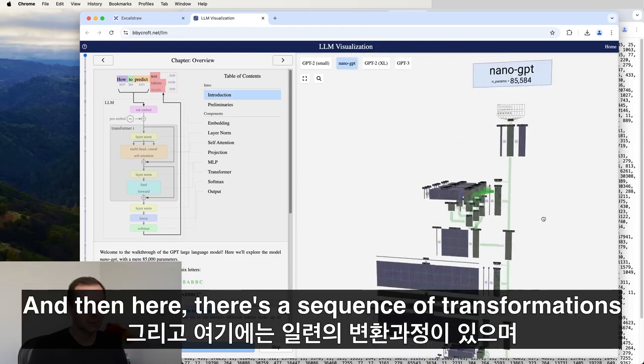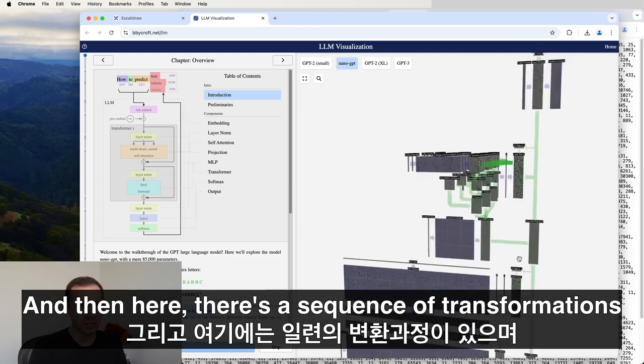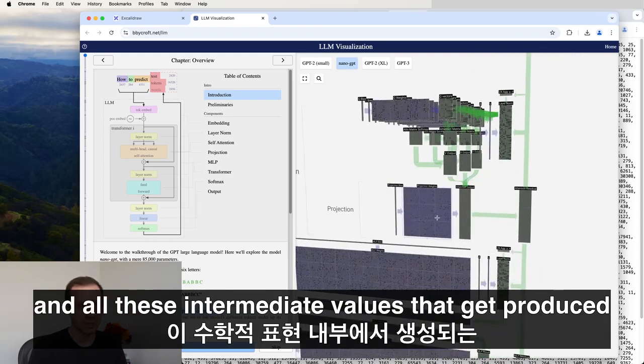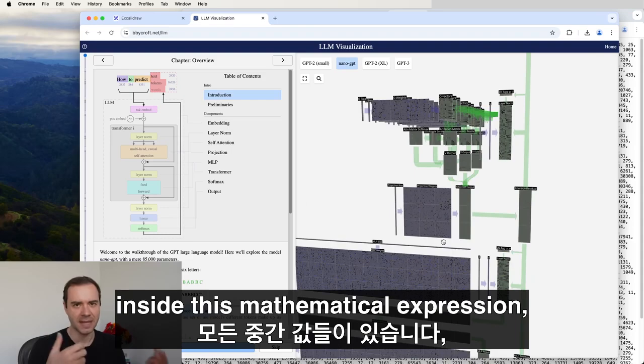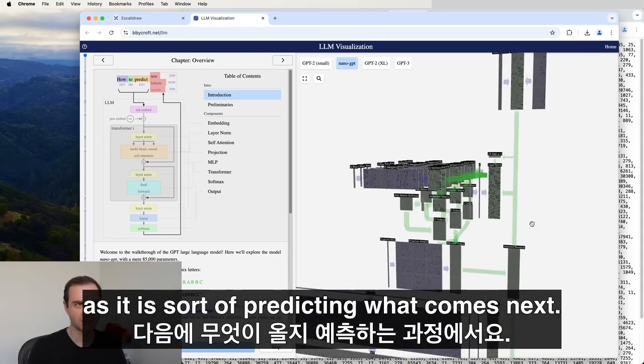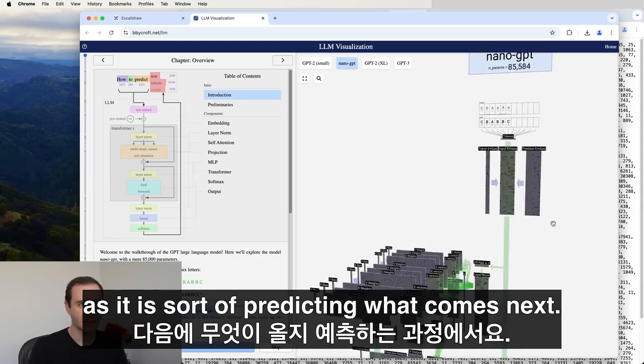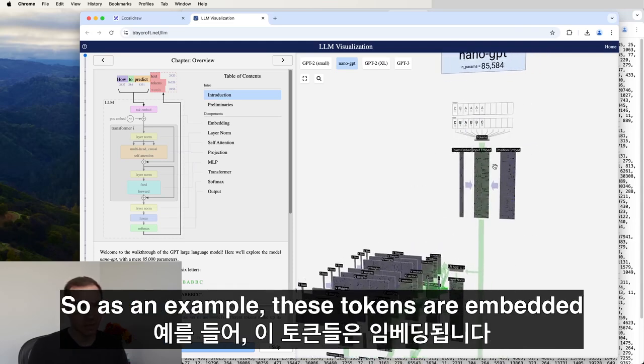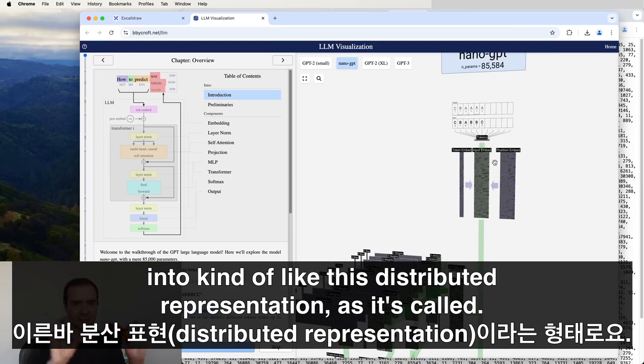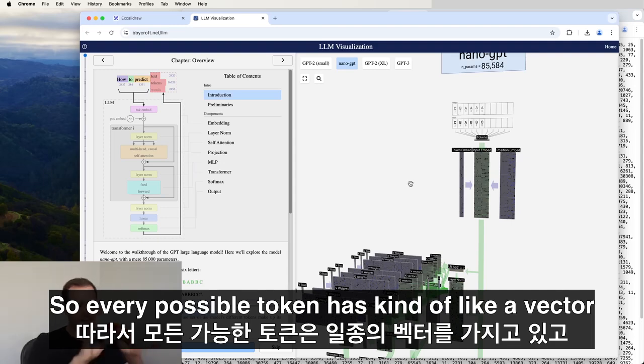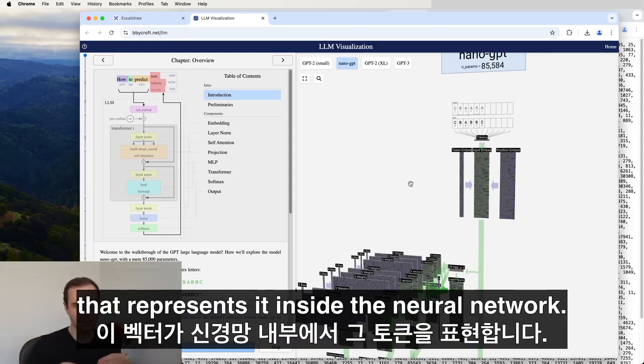And then here, there's a sequence of transformations and all these intermediate values that get produced inside this mathematical expression as it is predicting what comes next. As an example, these tokens are embedded into this distributed representation, as it's called. So every possible token has a vector that represents it inside the neural network.